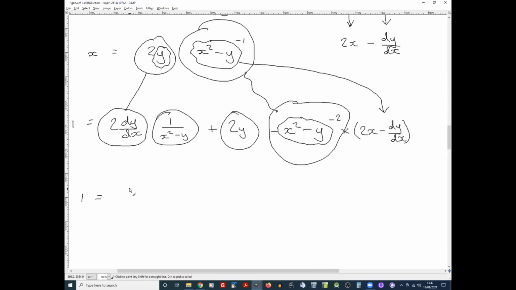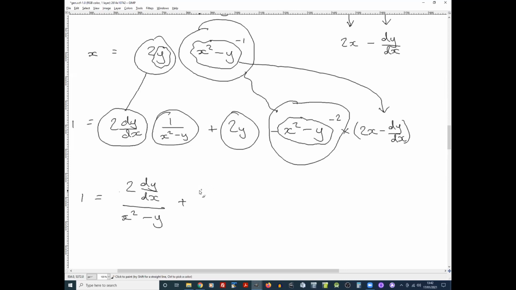How about we say 1 equals 2 dy dx over x squared minus y, plus, we could say, well, it would actually be a minus instead of a plus there.